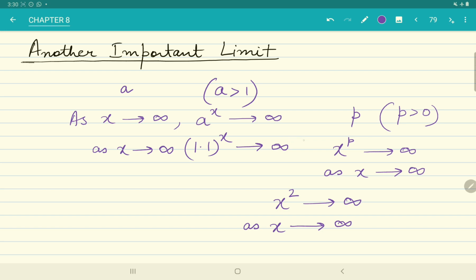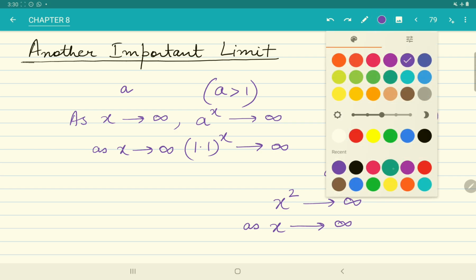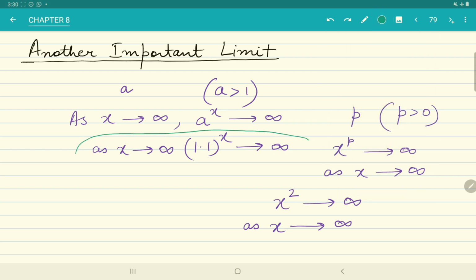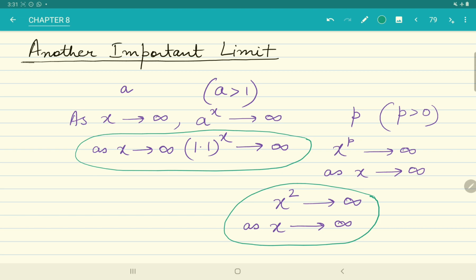So in both cases, as x tends to infinity, 1.1 raised to the power x tends to infinity, and x squared tends to infinity.